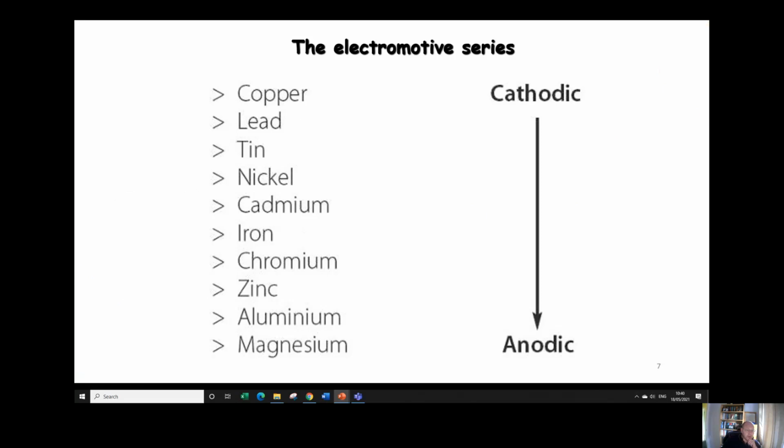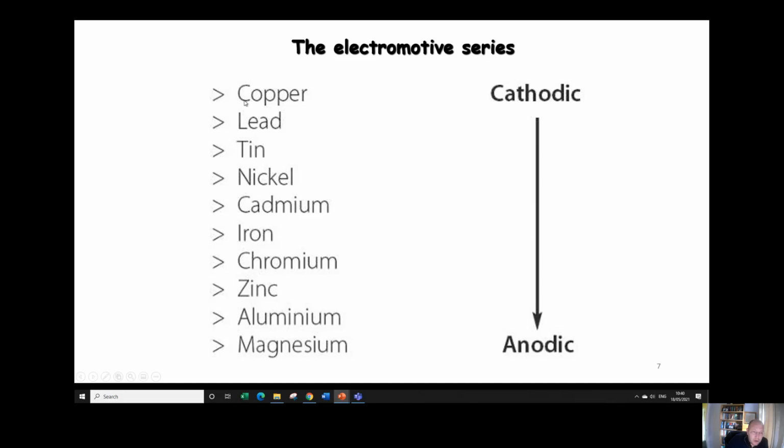So we're going to look at this very briefly. Interestingly, any of these metals on here could potentially be an anode, and any of them could potentially be a cathode. It all depends on what two metals are together.